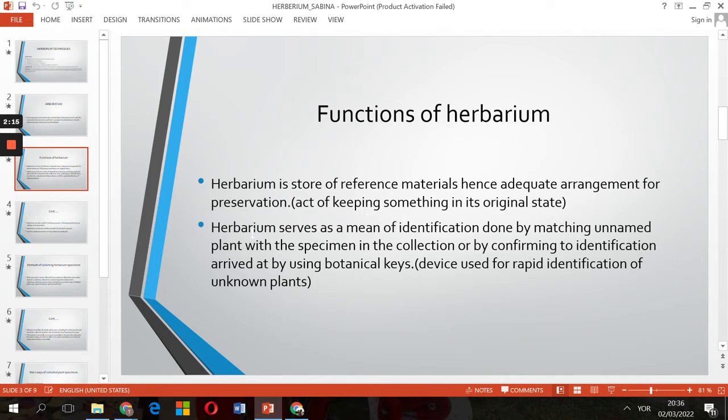Herbarium also serves as a means of identification, and this is done by matching a named plant with the specimen in the collection or by confirming identification arrived at by using botanical keys. These botanical keys are devices used for rapid identification of a known plant.